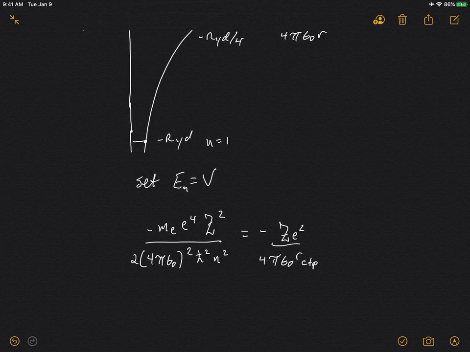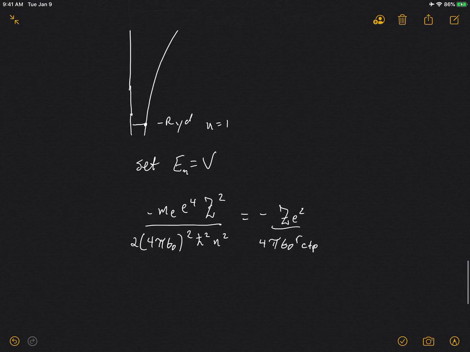And then essentially the problem is to solve for r. And you see that some things cancel, right? You get a factor of Z that cancels from both sides. You get a factor of e squared that cancels from both sides. One of those 4 pi epsilon naughts cancels out. And the h bar squareds sort of stick around.